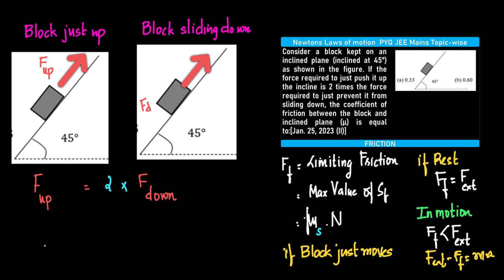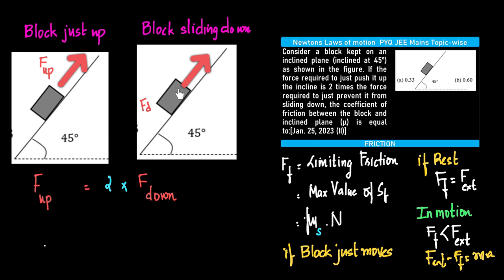Now let's see what's given in the question. The question says that the body has to be pushed up, case number 1, and in case number 2, the body has to be prevented from coming down. See, in both these cases, if we have to make this block go up, you will have to apply an F external in this direction, right?